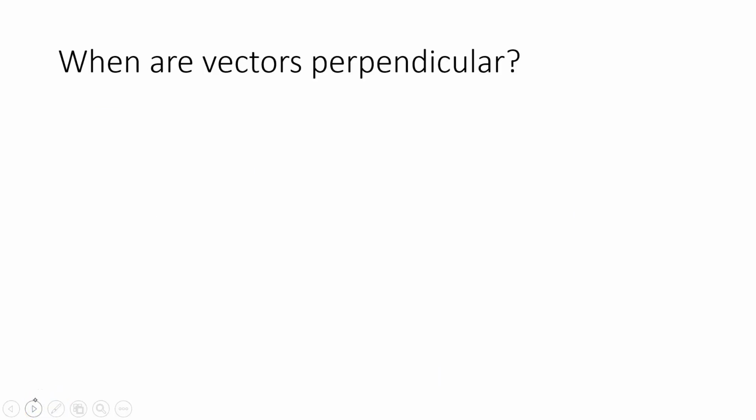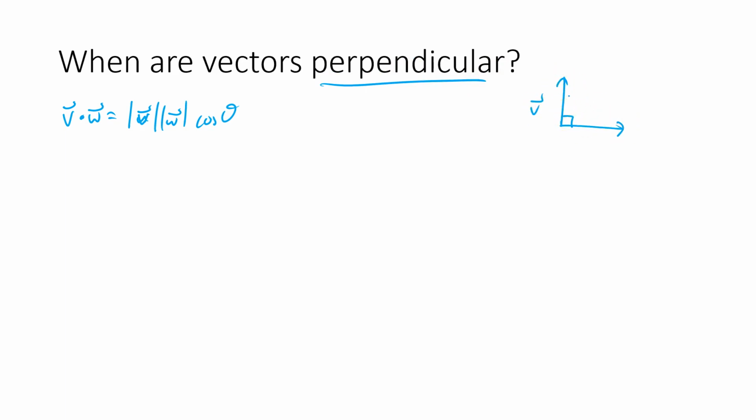All right, one more thing I want to say. So if we use this idea that v dot w is equal to magnitude of v, magnitude of w, cosine theta, we want to think about when are vectors perpendicular. Well, perpendicular means that they intersect at a 90-degree angle. Okay, so you have your vector v and your vector w. So the angle between them, theta, is 90 degrees.